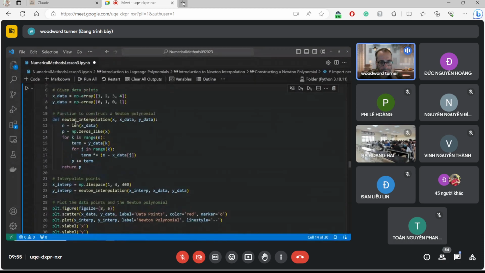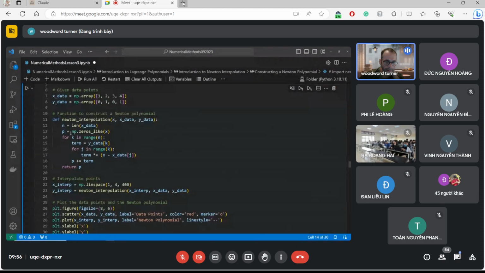And for the Newton interpolation, I define a function here, and it takes the same inputs. We have the variable x, that'll be a list of numbers in between, 1 and 4 in this case. And then it takes the x data and the y data as inputs. So we start with an n, which is the length of our x data or our y data.